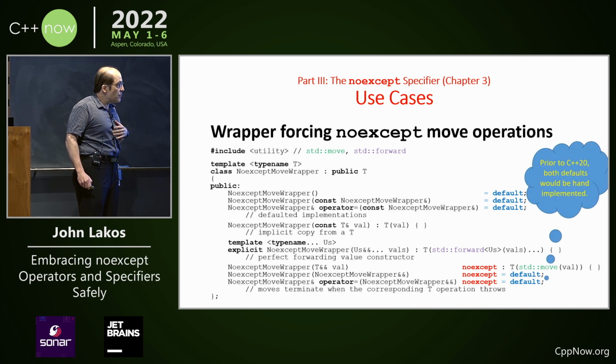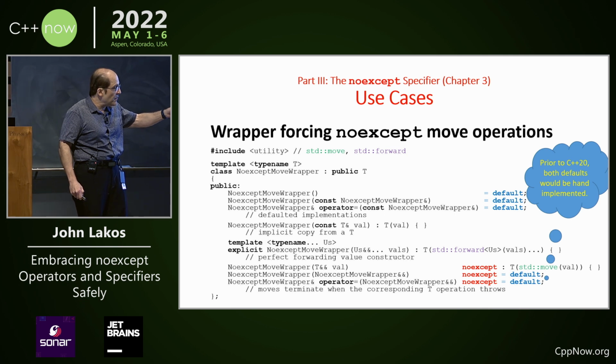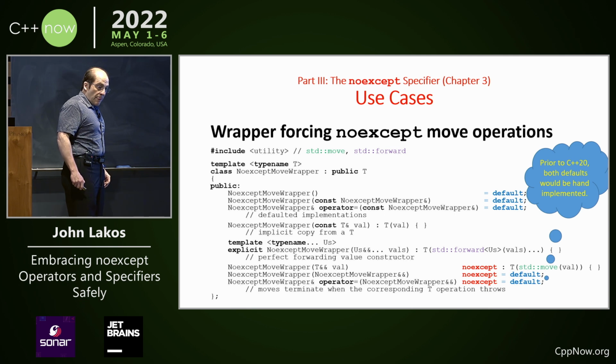And it turns out that prior to C++20, you'd have to implement those defaults by hand because it wouldn't let you default it. But now it'll let you default it. Awesome. This is actually engineering at work. It's not as safe, but it's what you want to do. So once you know it's what you want to do and the compiler stops you, that's when you get angry at the compiler.